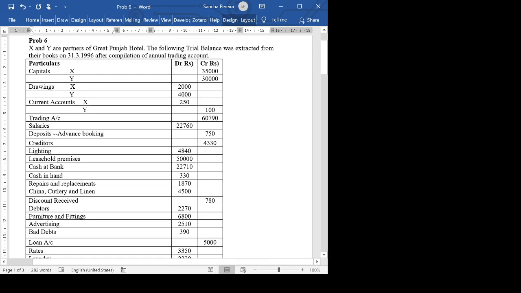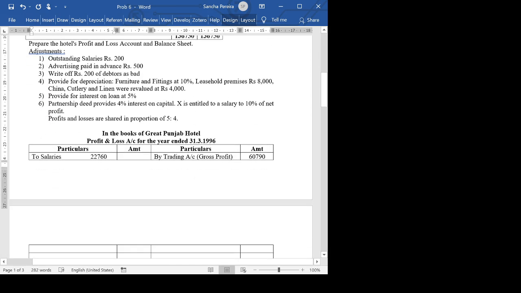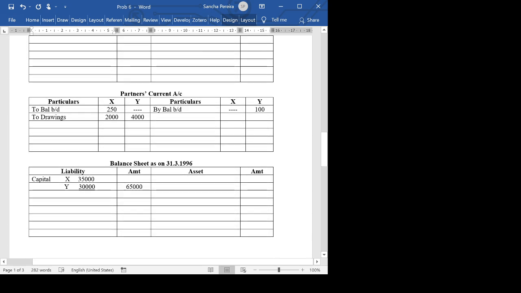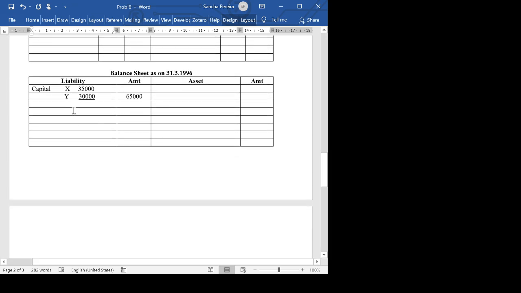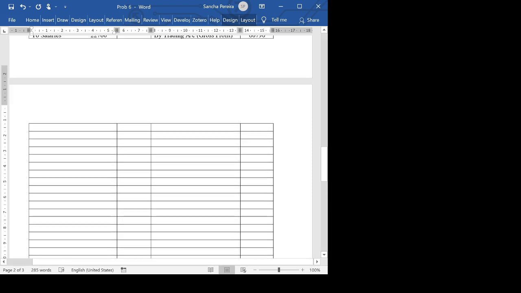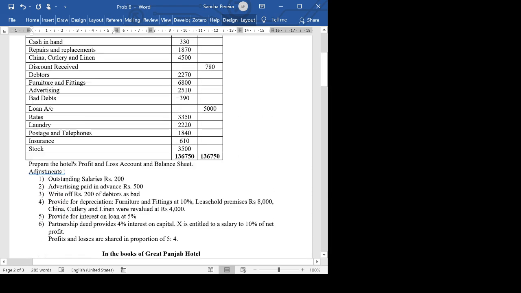Then there is deposits, advance booking 750. We already discussed this is a liability, so directly in the balance sheet. Leave two lines for the current accounts and write this. The amount is 750.